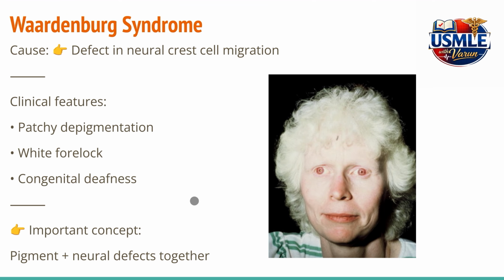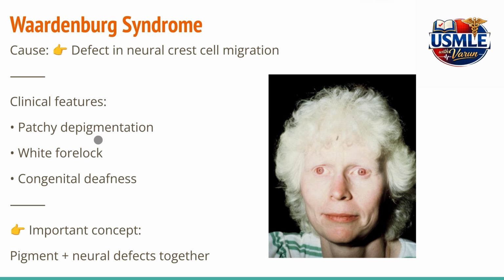Now let's try to understand Waardenburg syndrome, which is another very important example of pigmentation disorders. The cause of Waardenburg syndrome is a defect in neural crest cell migration. So as we have discussed, whenever there are depigmentation disorders along with associated nerve defects, we need to think about whether the origin could be melanocytes.